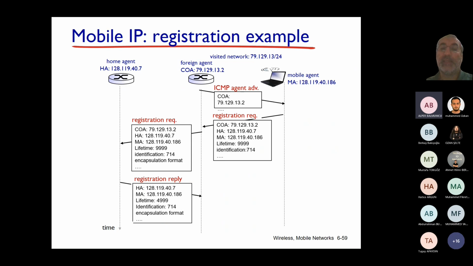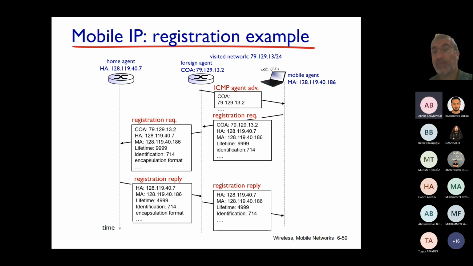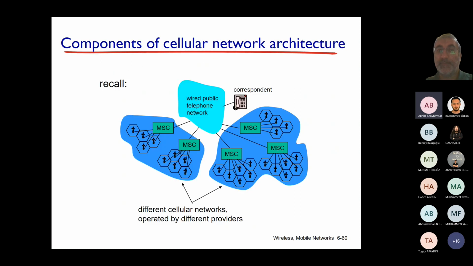Home agent replies to the registration to the foreign agent. Foreign agent relays this registration to the mobile agent. So by these steps, we complete the registration process.